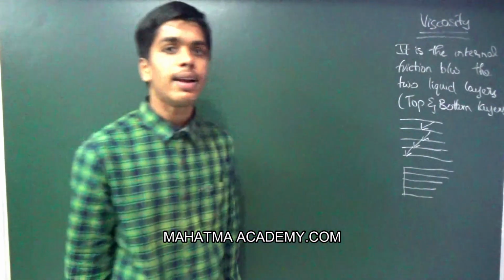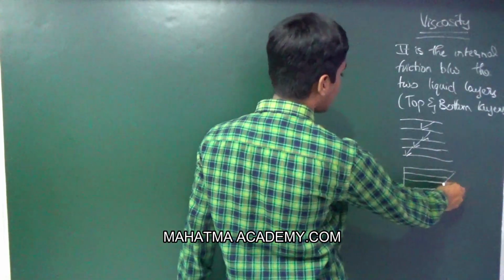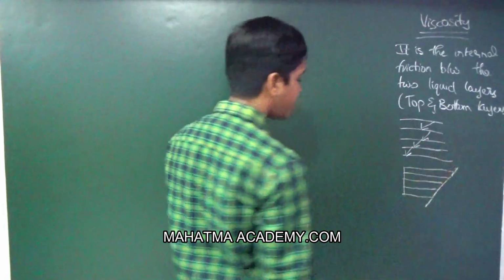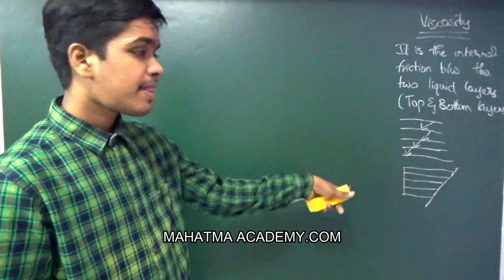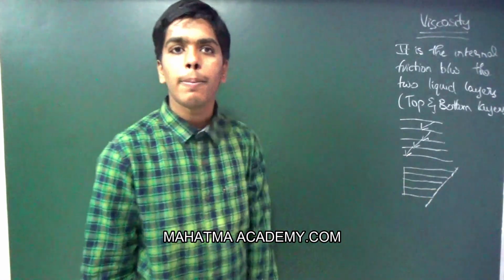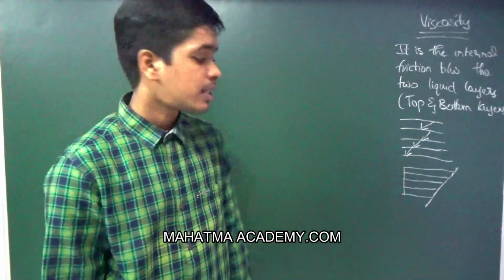This is the liquid layer. And we can see that the liquid layer has been flowing. We can see that the velocity of the topmost layer is the highest and the bottommost layer is the lowest.